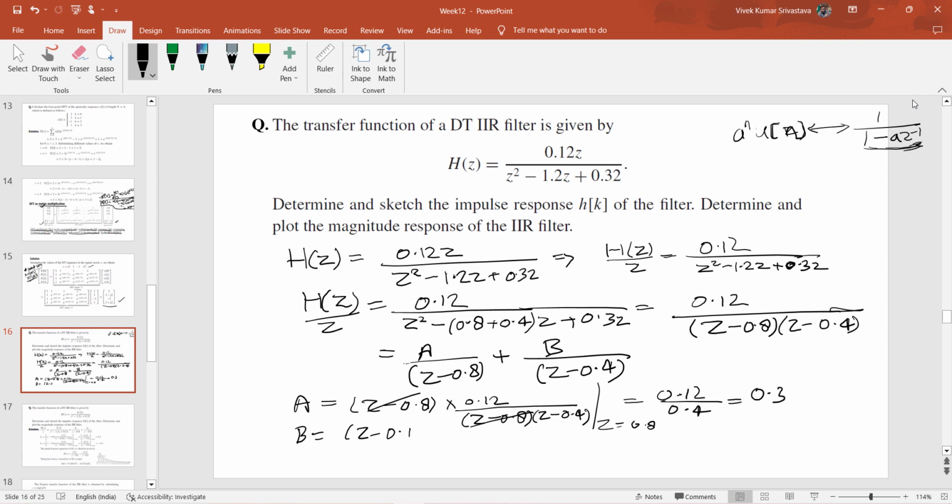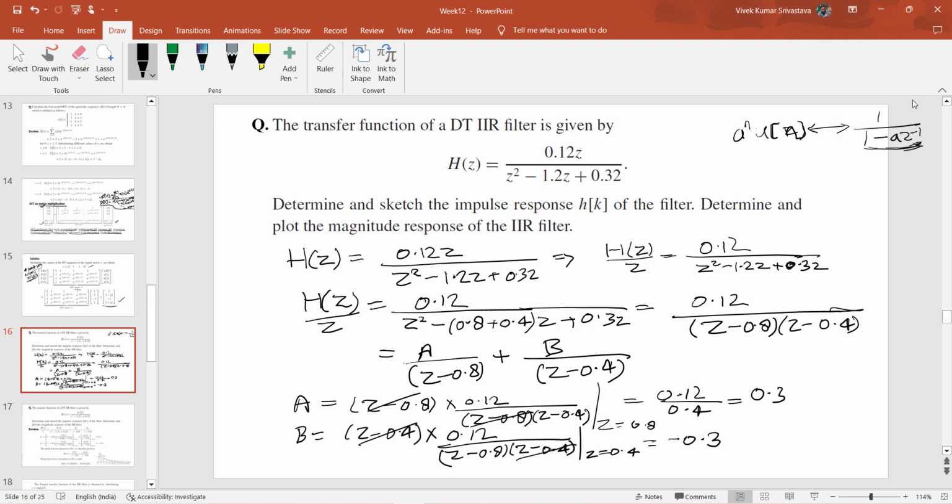Whereas the value of B will be z minus 0.4 into 0.12 over z minus 0.8 into z minus 0.4, at z equals 0.4. So this will cancel, and we can plug in, and the final value of B will be minus 0.3.